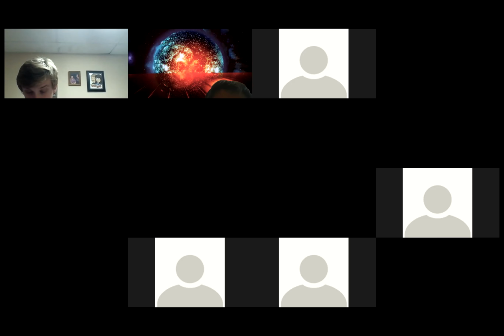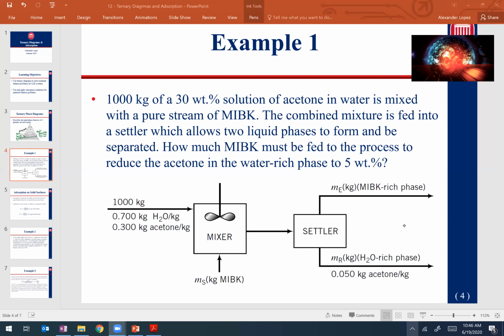So let's look at another example involving ternary diagrams. Actually, I'm going to switch it back to the other share screen. So this is the example from the presentation that I had prepared.